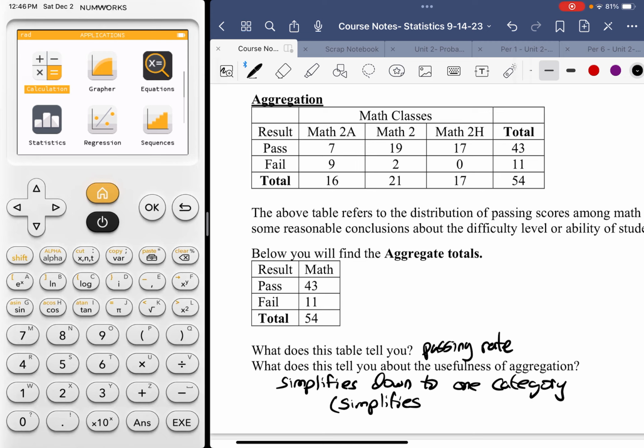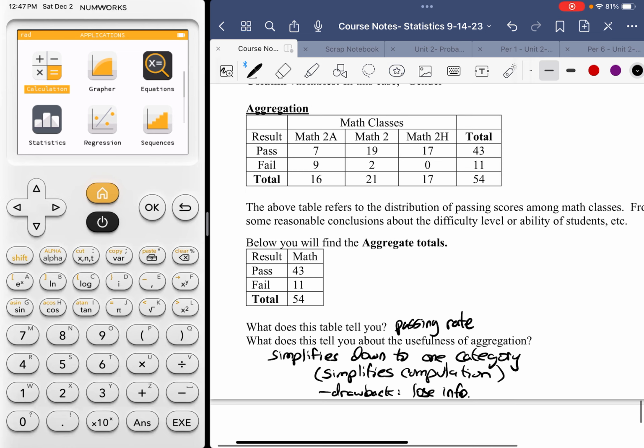The drawback is you lose information. Right. But maybe you intentionally want to lose information, air quotes lose, or maybe that extra information, you might even call it extraneous, is irrelevant to whatever your research question is.